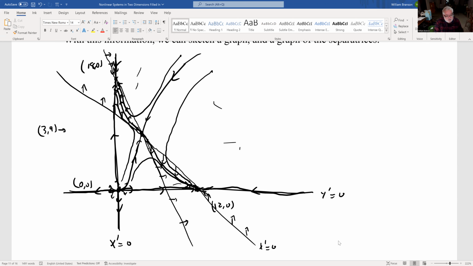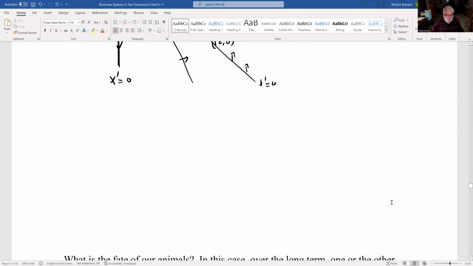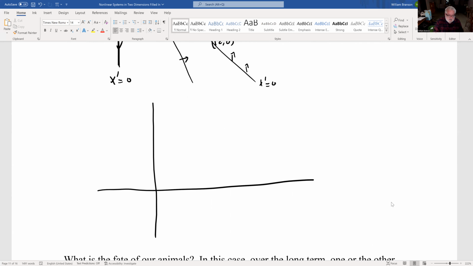The only way you could actually end up at this equilibrium is if you started on it, or if you started on these separatrices that actually run straight into it. So let me, below here, just draw a sketch of the separatrices alone. The x and y axes are separatrices. We have an equilibrium up here, an equilibrium here, an equilibrium down here, and an equilibrium here.